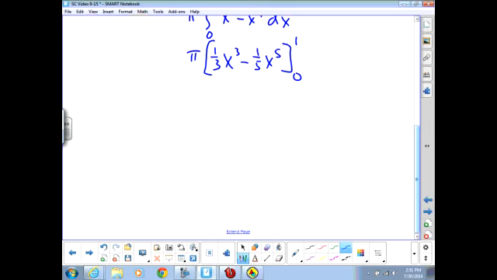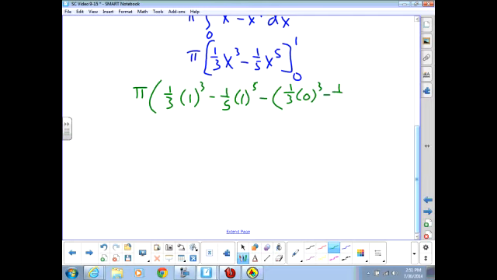We'll plug in the 1 and the 0. So we'll have pi times 1/3 times 1 cubed minus 1/5 times 1 to the 5th, minus the whole quantity 1/3 times 0 cubed minus 1/5 times 0 to the 5th. The zeros wipe out, so we don't need to worry about that.